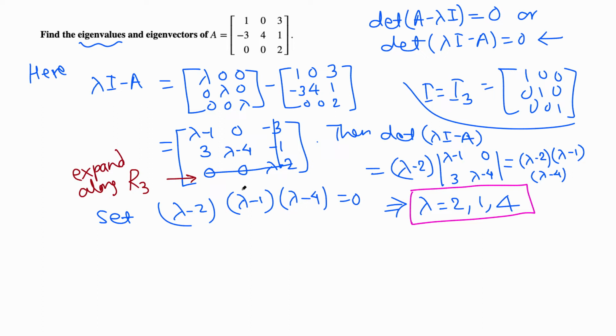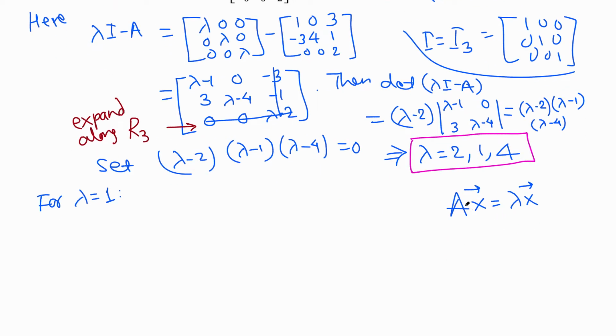Now we need to find the corresponding eigenvectors for each of these eigenvalues. That's a lot of work, but let's do it. Let's take lambda equals 1. What we do is, this is like AX equals lambda X, and we are trying to figure out this X. If we move everything over, in terms of matrices, lambda I minus A times X equals 0.